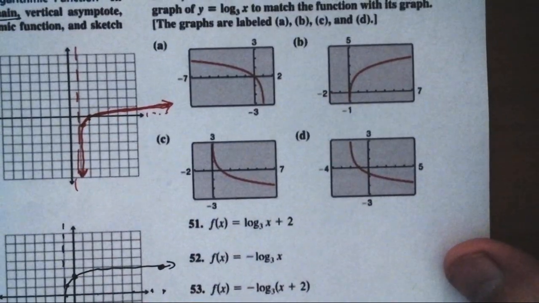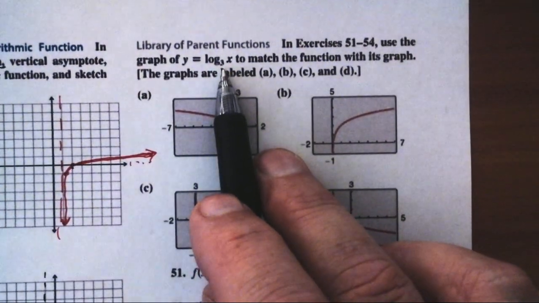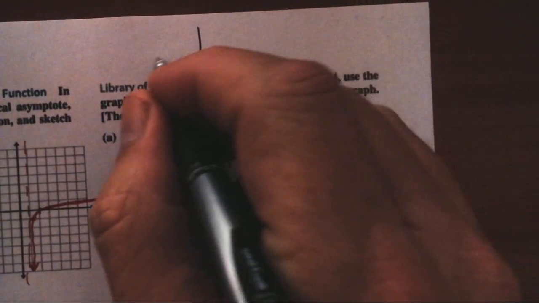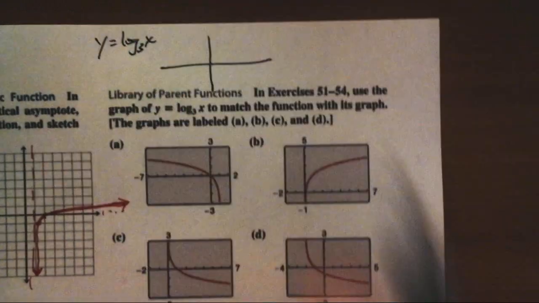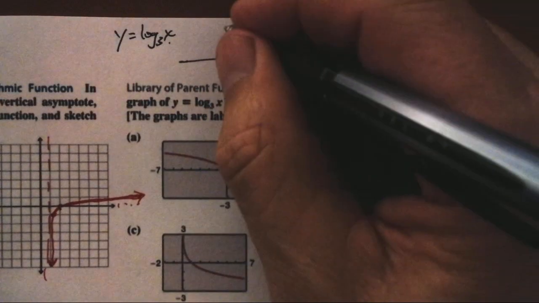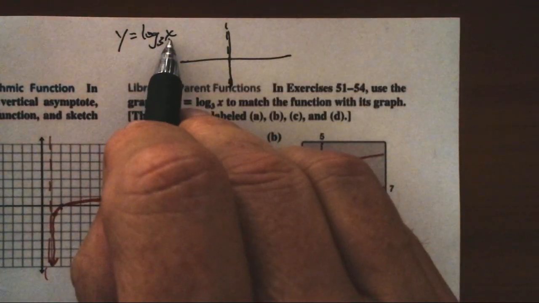Okay, so use the graph of y equals log base 3 of x. Well, what is the graph of log base 3 of x? Let's take a look here. Y equals log base 3 of x. I can't put 0 in for x. We just talked about that.